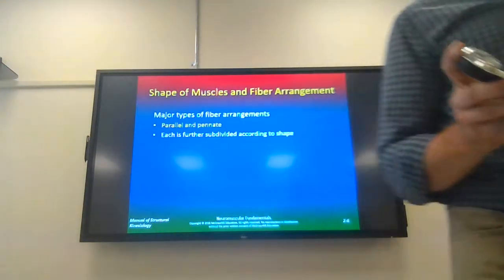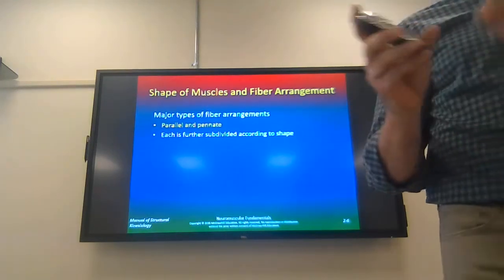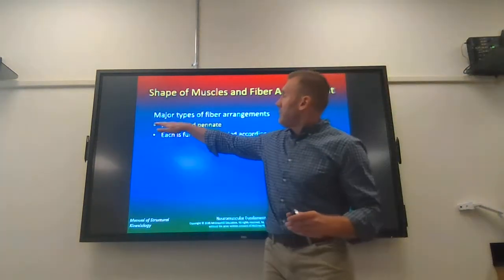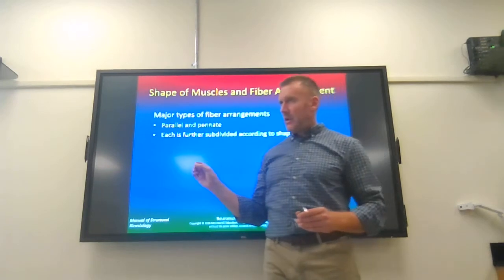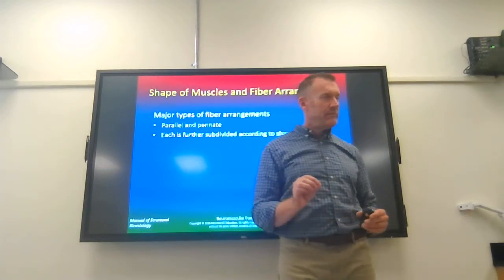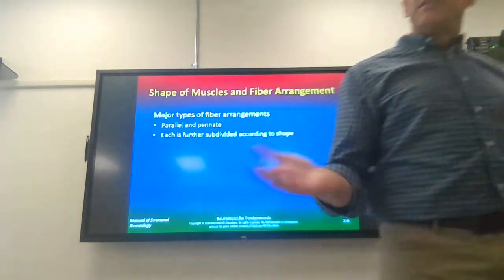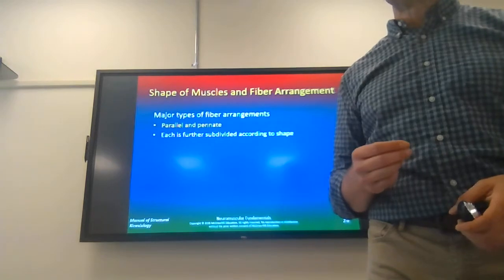It's important to understand that no single muscle is purely parallel or purely pennate. Even muscles that we classify as parallel have a little bit of pennation, and vice versa. Muscles that we might classify as pennate can have characteristics consistent with a parallel arrangement.